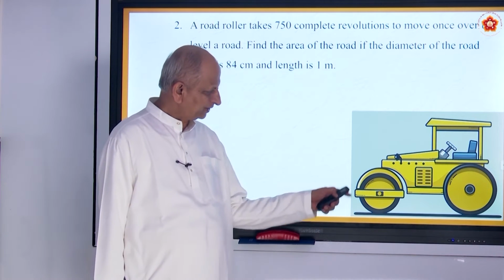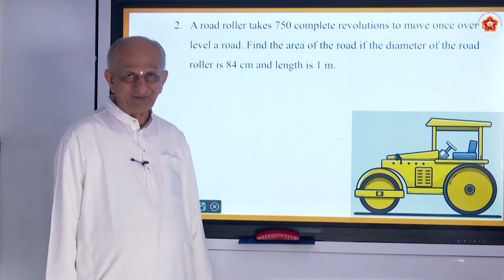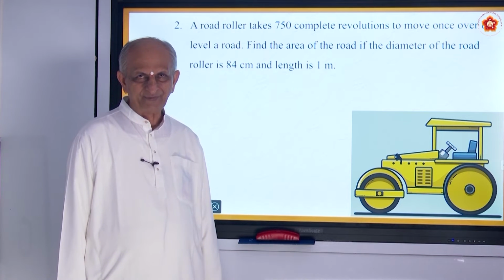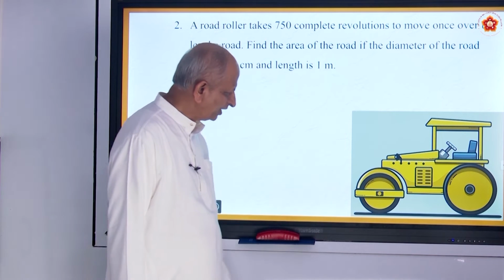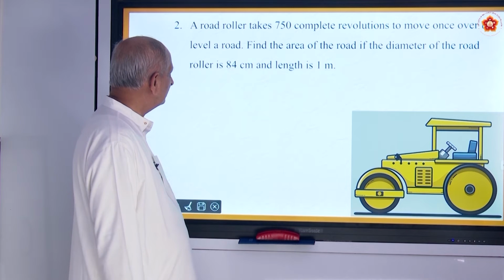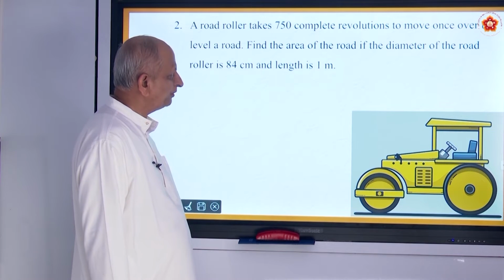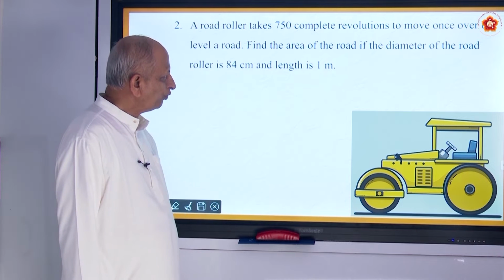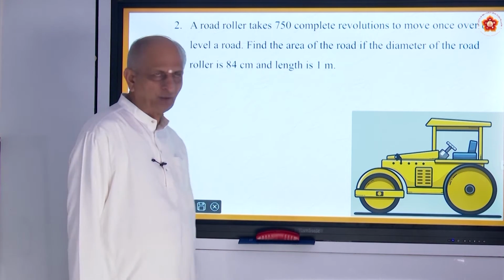So beautiful. You have heard about road rollers? There is a big cylinder, usually made of stone. The front of that roller is not shown. It is a two-dimensional one. Actually, it is three-dimensional. So a road roller takes 750 complete revolutions to move once over to level a road.